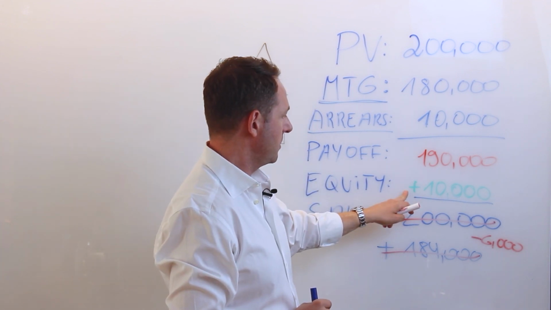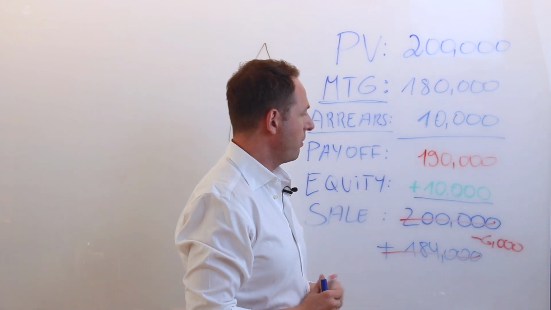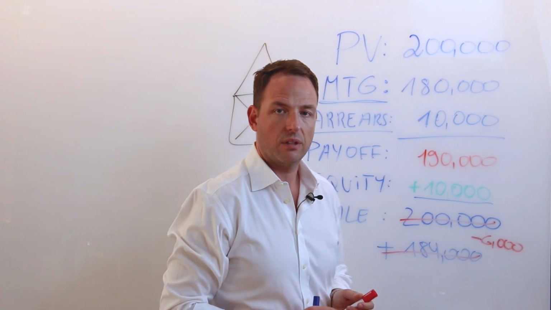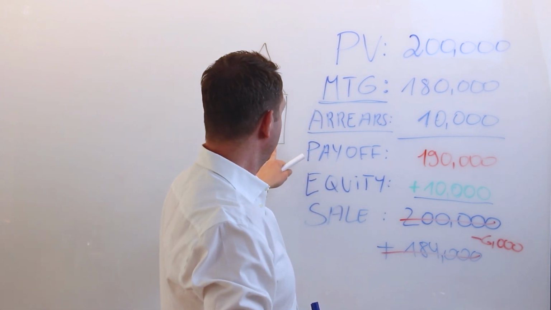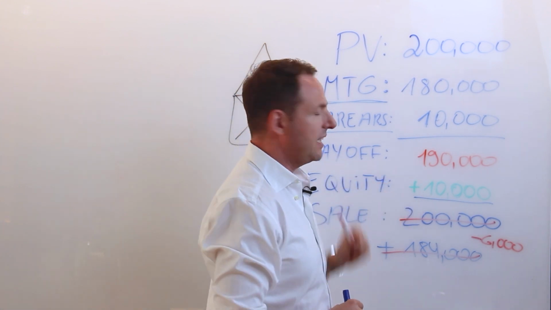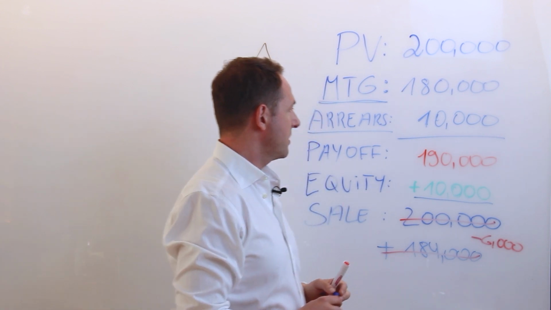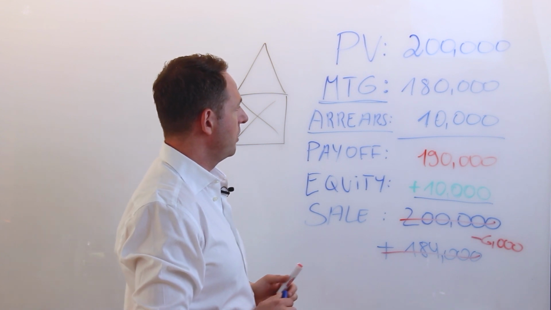Exactly $10,000. So you can see how powerful this is. Instead of having to actually bring $6,000 to the closing table, this homeowner ends up receiving $10,000 and can now use those $10,000 to move on with their life.